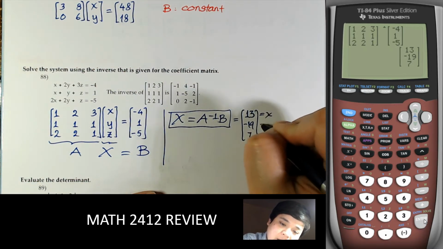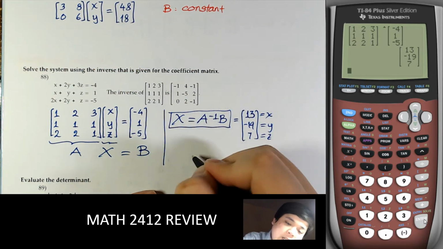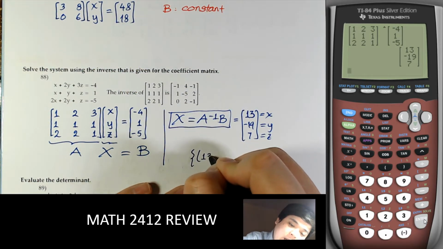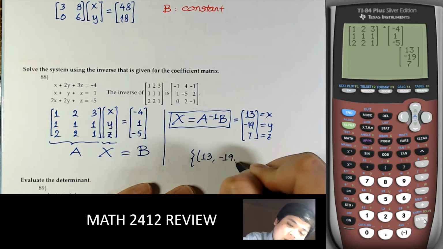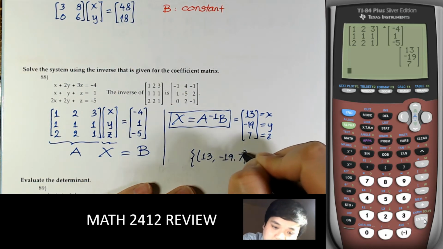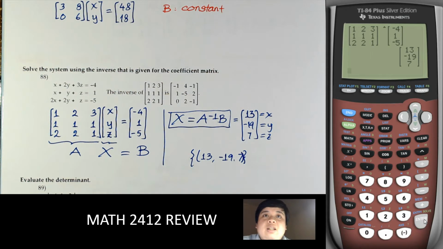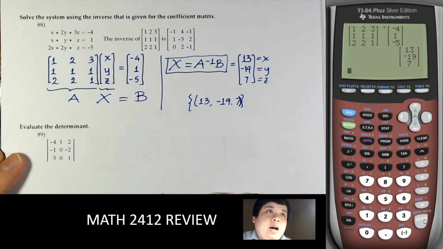That is x, y, and z. We can write as x, y, and z. So the set of these 3 numbers is a solution. Right, so that's all we do there.